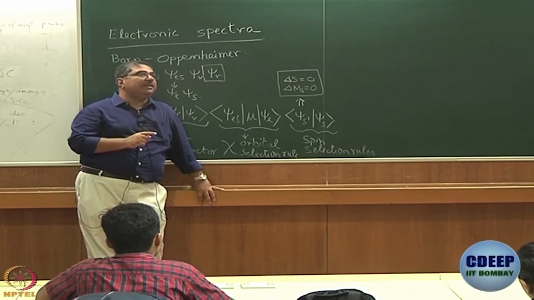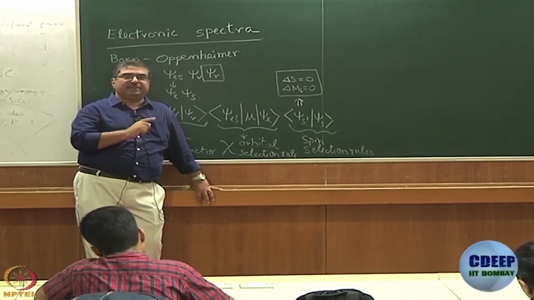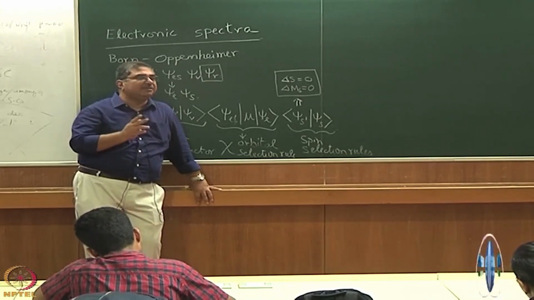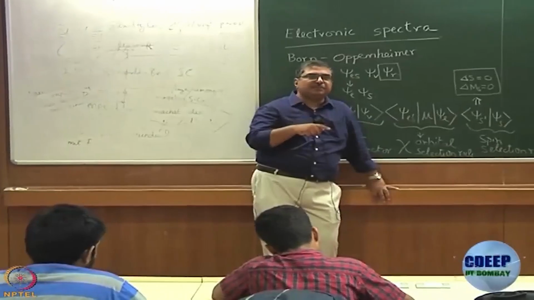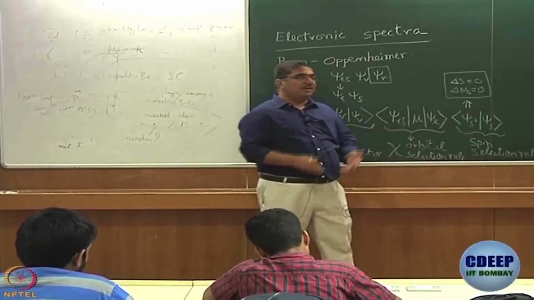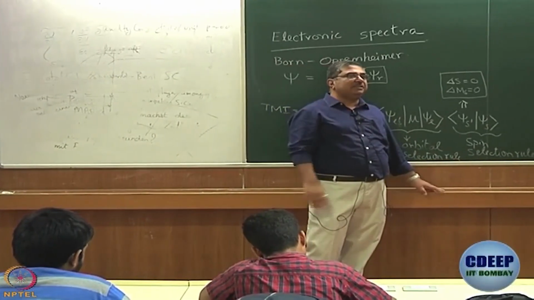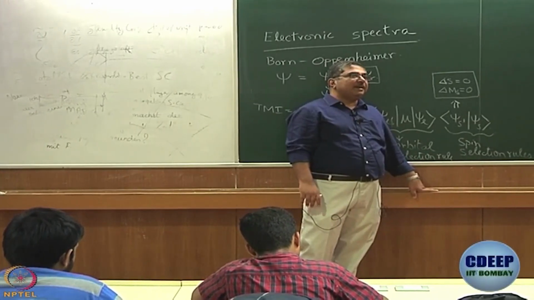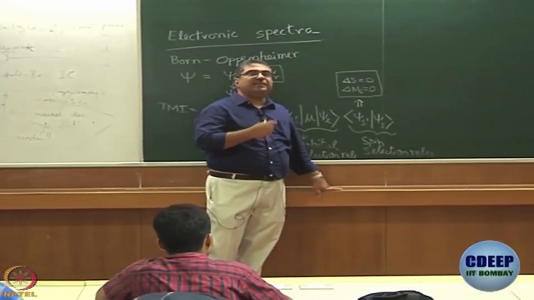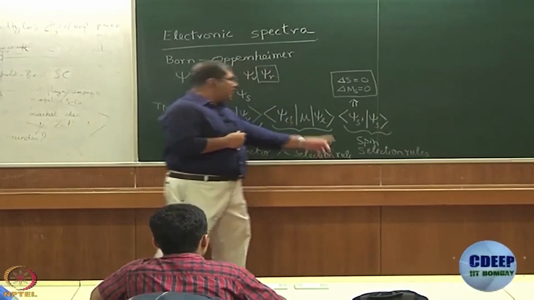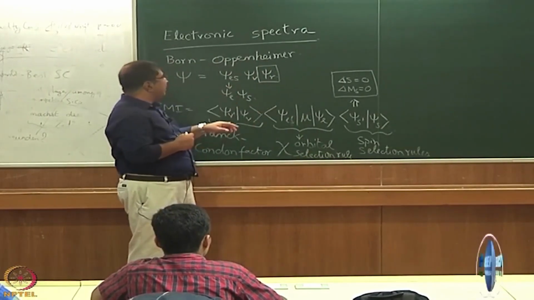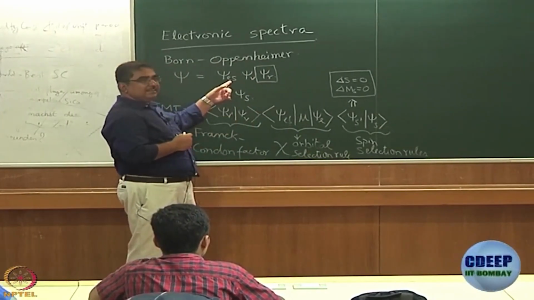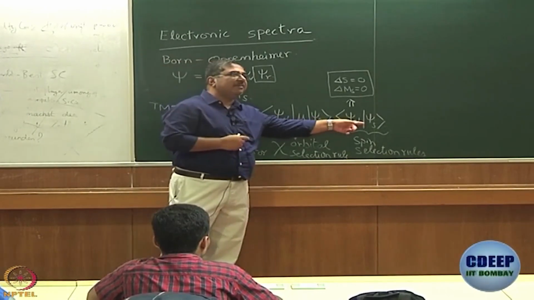The spin selection rule is more difficult to break. How can you work around spin? Well, you cannot work around it. How do molecules sometimes work around the spin selection rule? Yes, by what is called spin orbit coupling. If you cannot write it like this, if you have to continue writing psi ES, then you do not have this integral coming out.